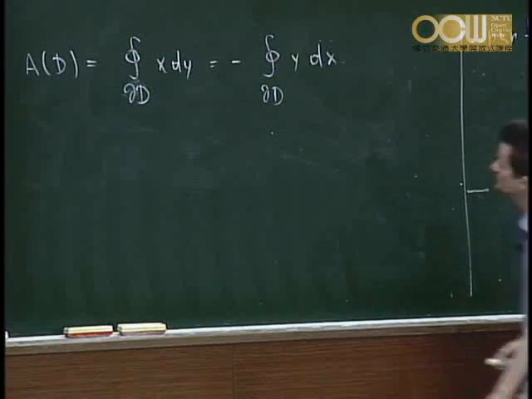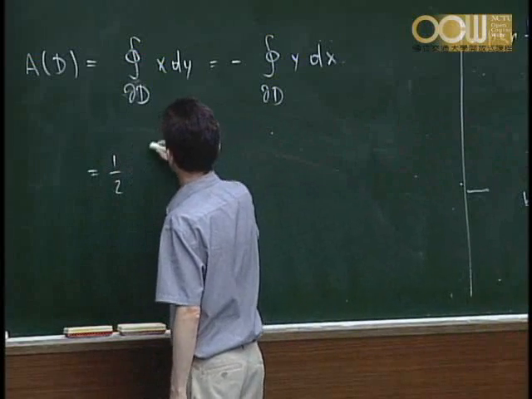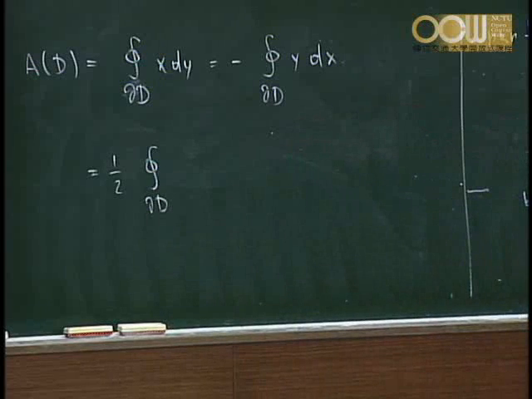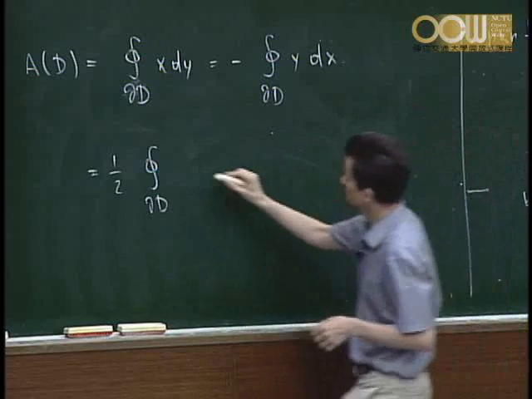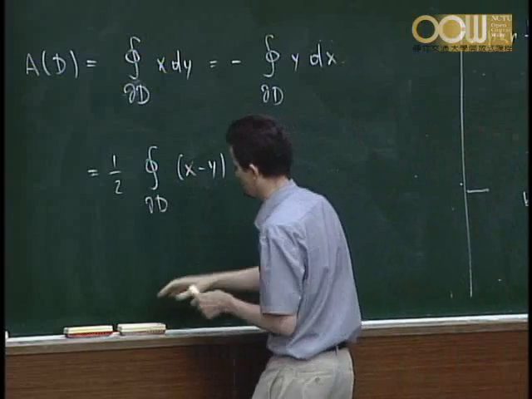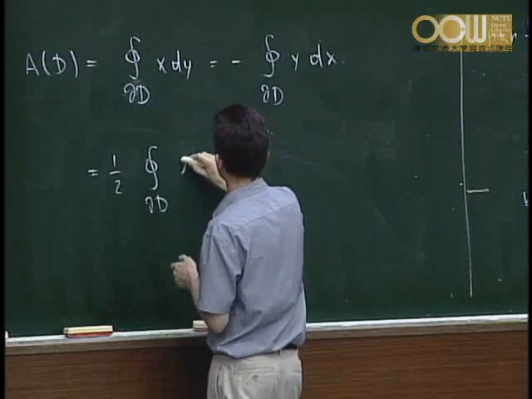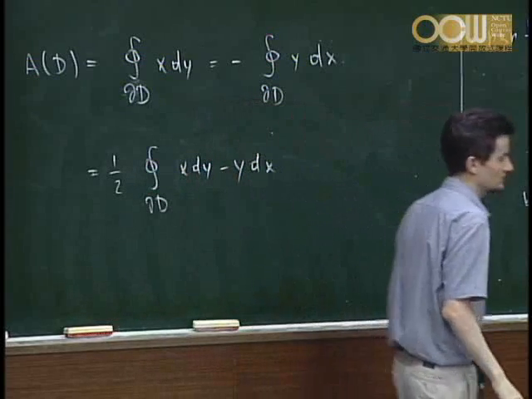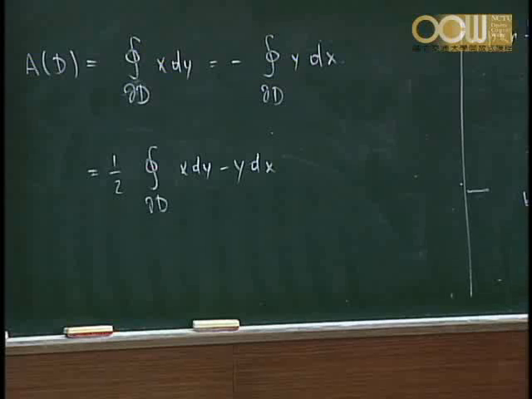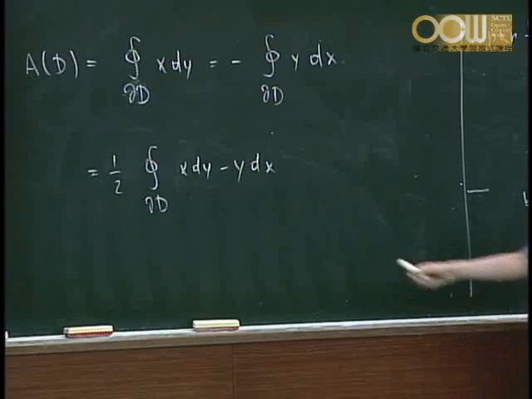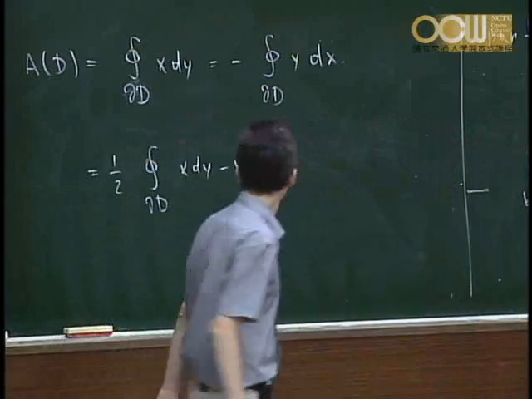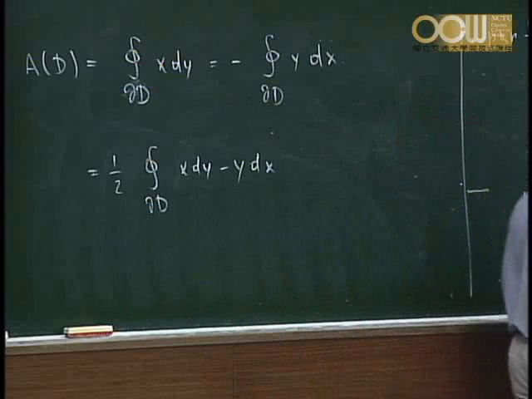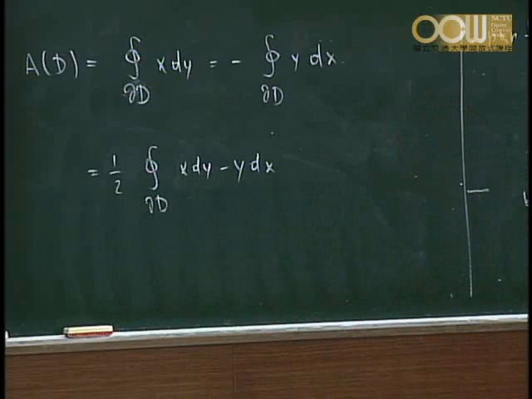Or yet another way is to write this as 1/2 times the line integral of X dy minus y dx. So it would be another way. How is this helpful? Sometimes things are easier to compute by using a line integral. An example would be the area of the ellipse.